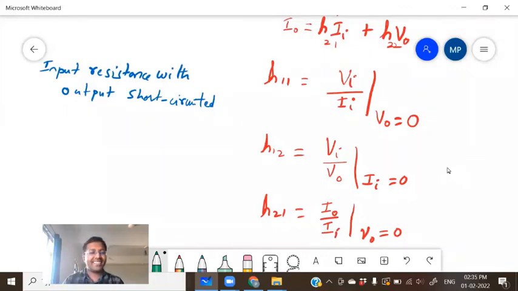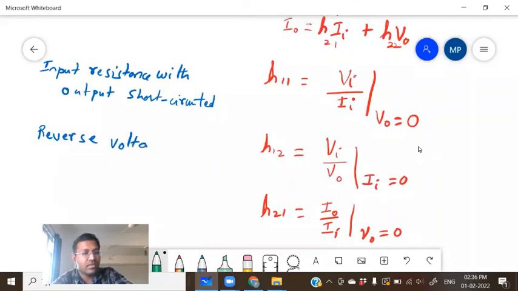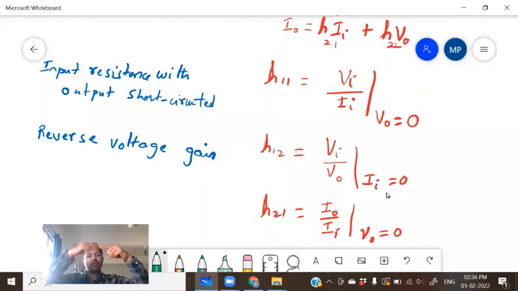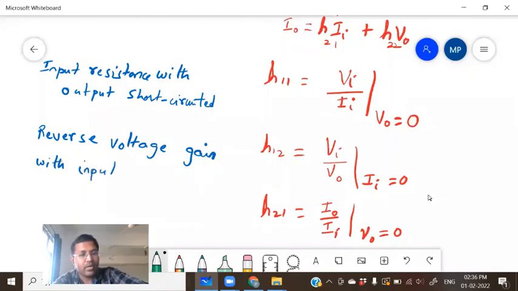V naught by Vi is voltage gain, and Vi by V naught you can call reverse voltage gain. But the condition is II is 0. How to make current 0? Open circuit. The subscript I indicates input. So with input open circuited.